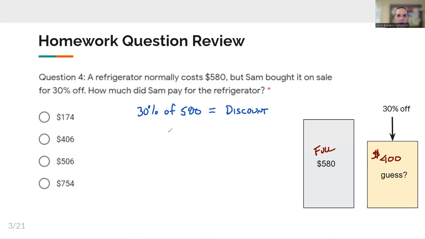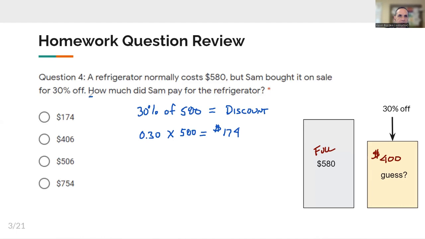And we've talked about how of is a shortcut for multiplication, or a code word for multiplication. 30% we turn into a decimal, 0.30, and we multiply that by 580, and we get our discount amount. That discount amount, I hope you're working through these with me, $174.